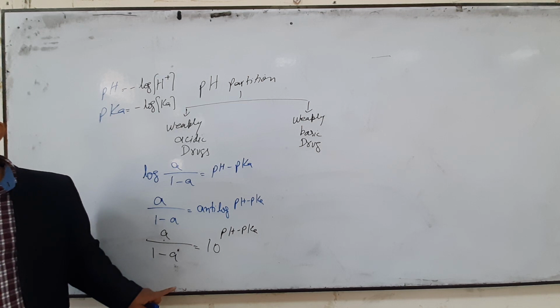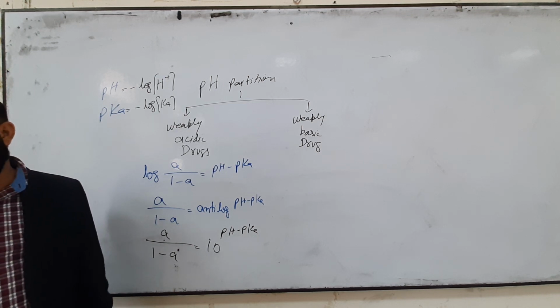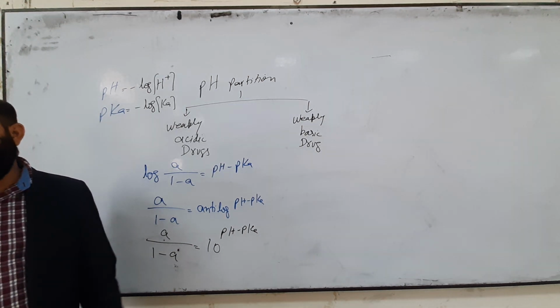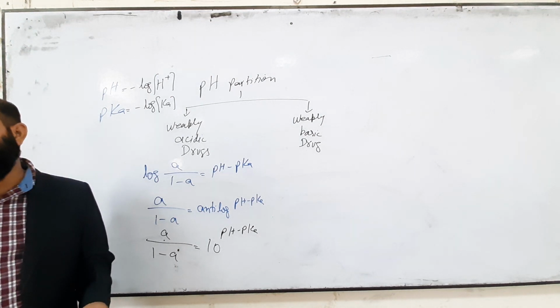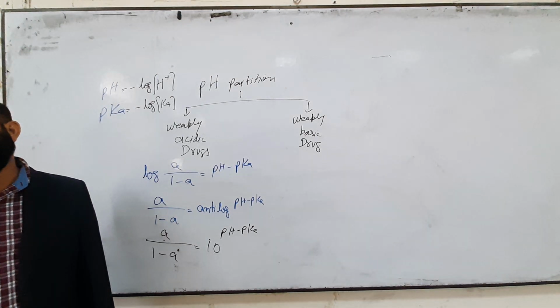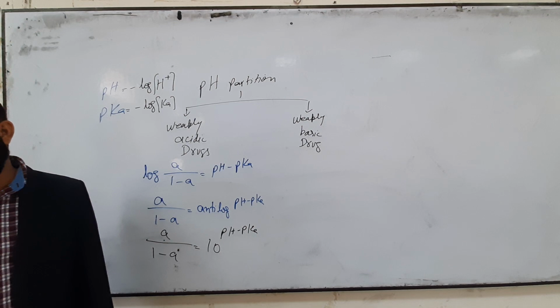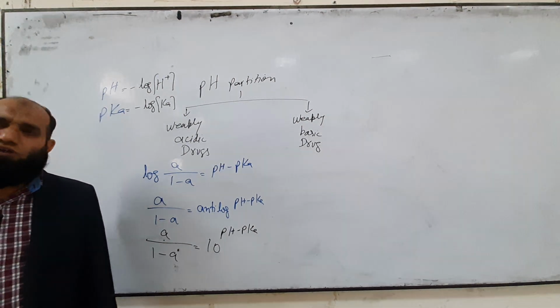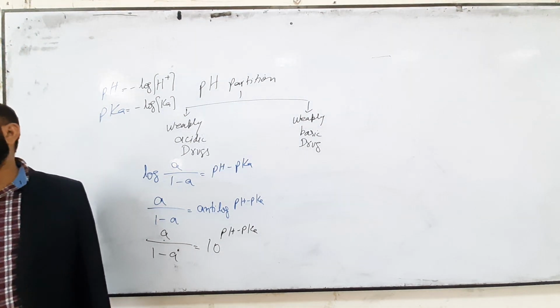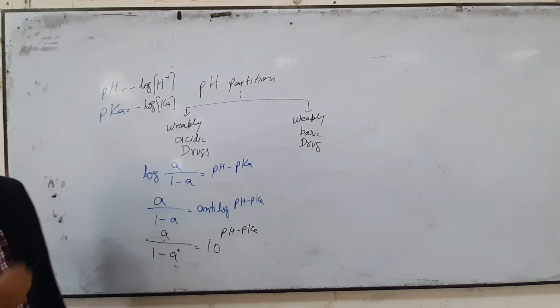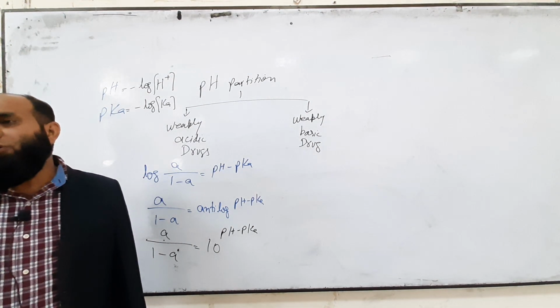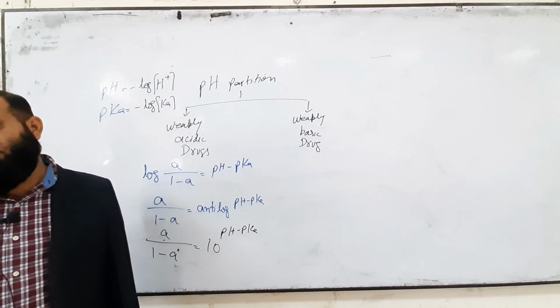If the drug is mostly in unionized form, then we will assume that the drug is absorbed from that area, because according to our concept, the drug has plenty of opportunity to be absorbed if it is in unionized form.